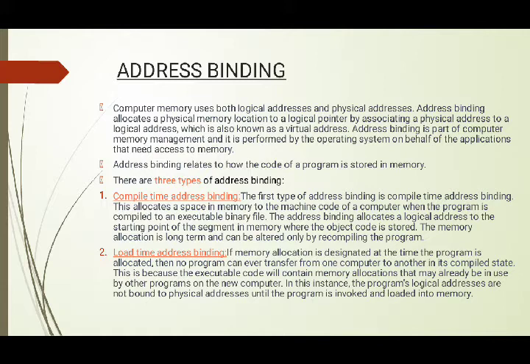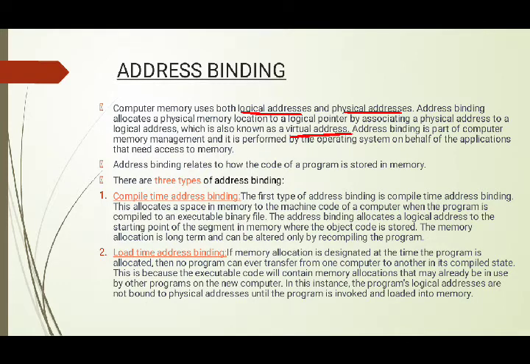What is address binding? Computer memory uses both logical addresses and physical addresses, which we already know. Address binding allocates a physical memory location to the logical pointer by associating a physical address with a logical address, which is also known as a virtual address.